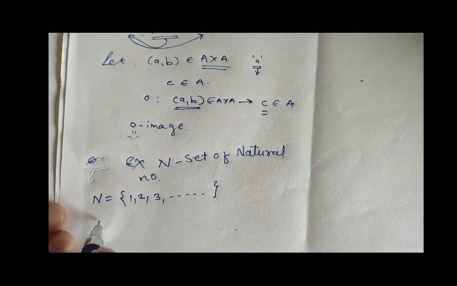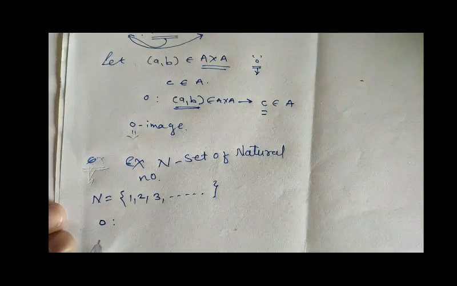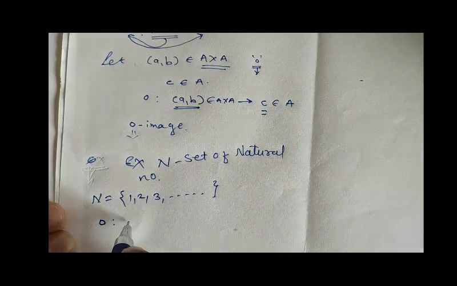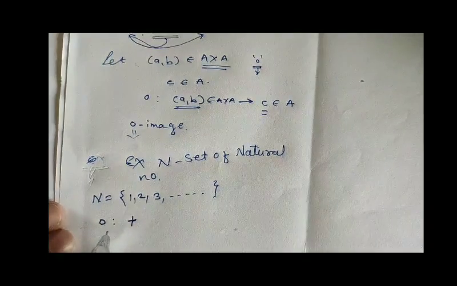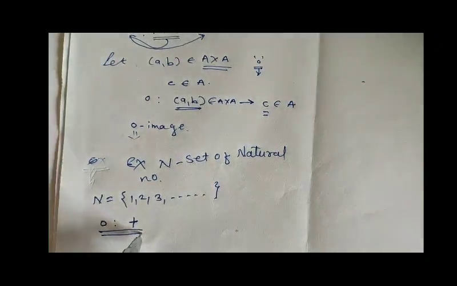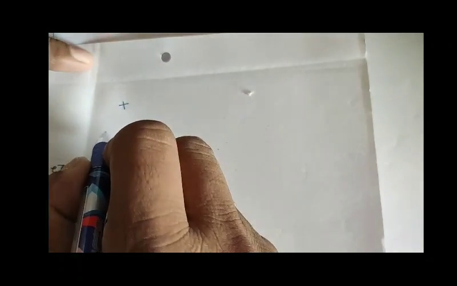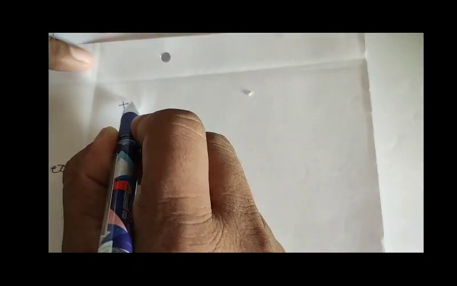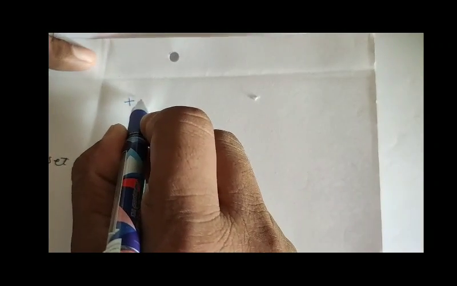And we consider this composite, that means binary operation, as addition. We take addition as the binary operation. So plus is our binary operation. That means instead of the small circle we use this plus.